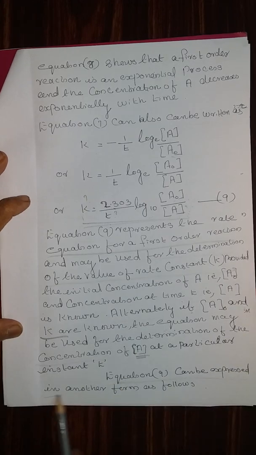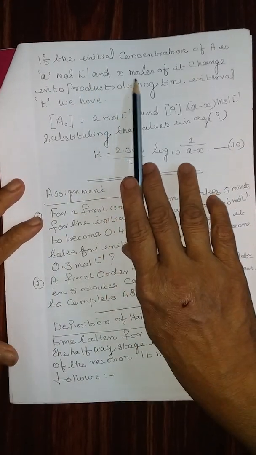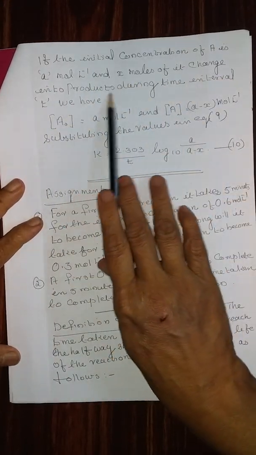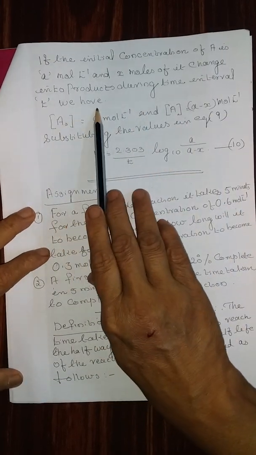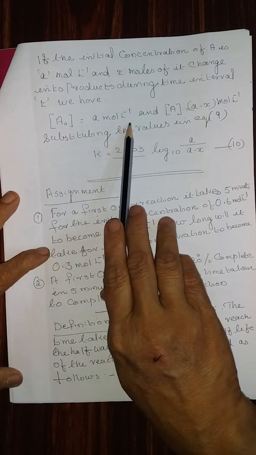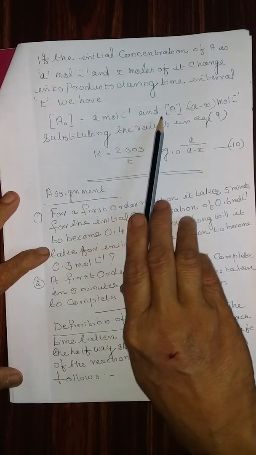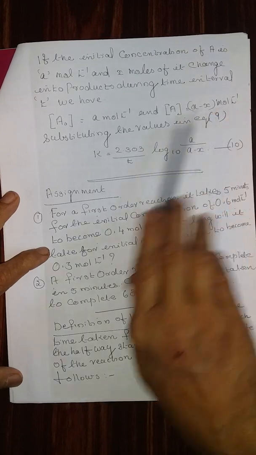Equation 9 can be expressed in another form also. If the initial concentration of A is a moles per liter and x moles of it change into products during time interval t, we have initial concentration equal to a moles per liter and concentration of A equal to a minus x moles per liter.